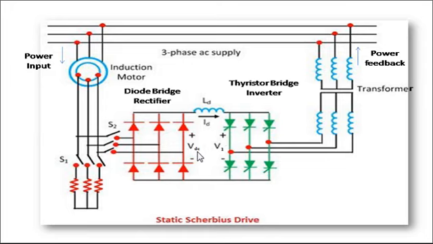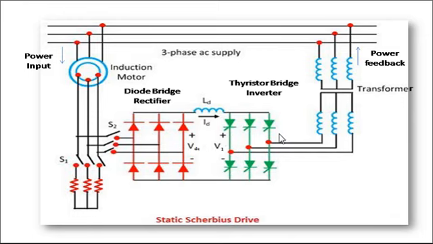This DC voltage is fed to the thyristor bridge inverter circuit, which converts this DC power back into AC, and this AC, with the help of a transformer, is fed back to the main supply.